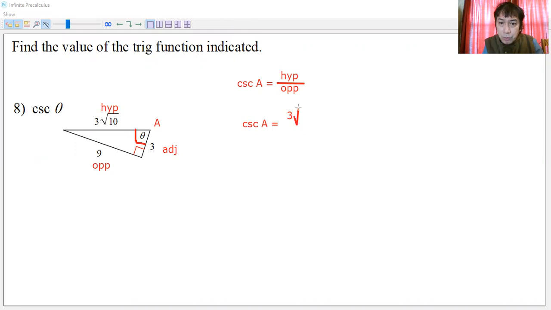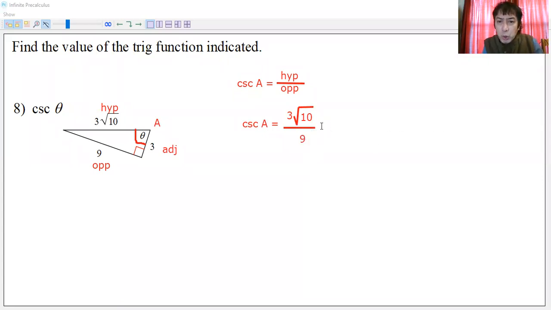And this will be divided by the opposite side. What is our opposite side? It's 9. Our opposite side is 9. This is divided by 9.